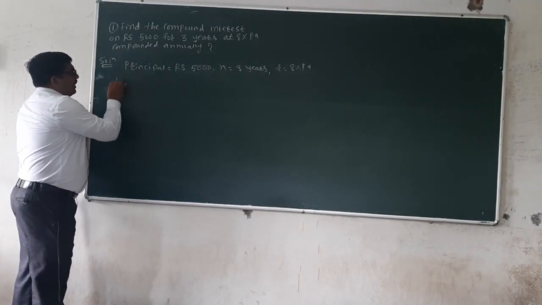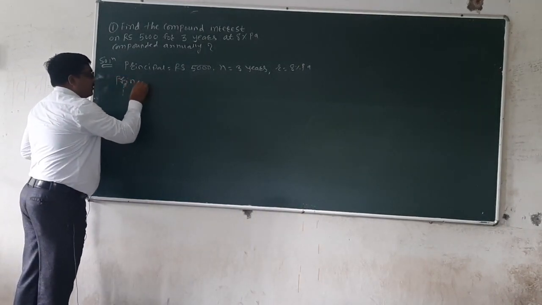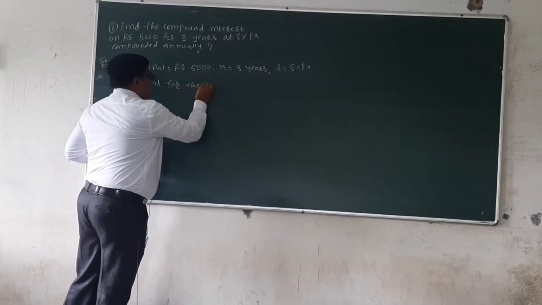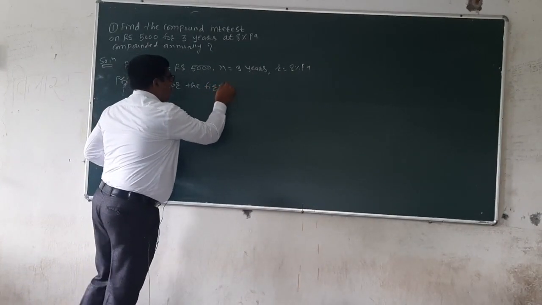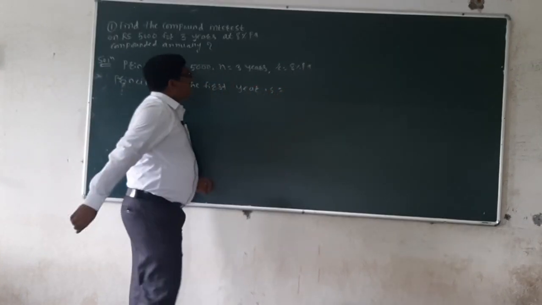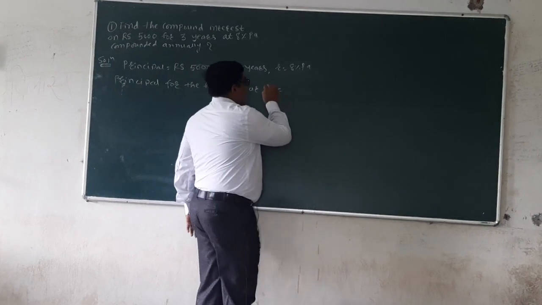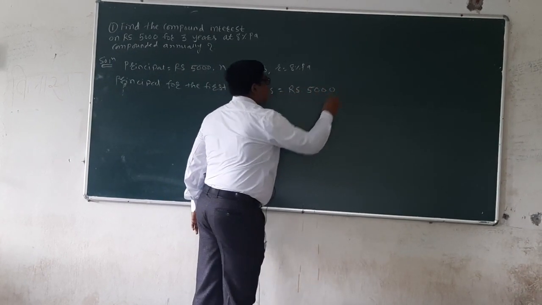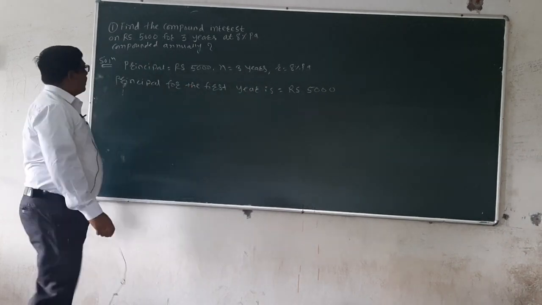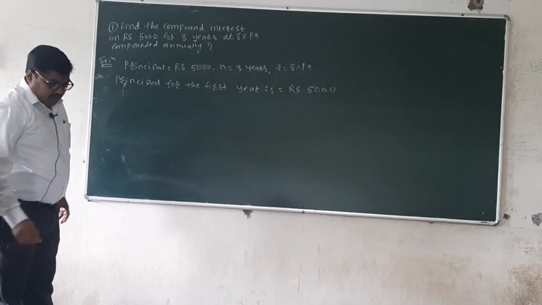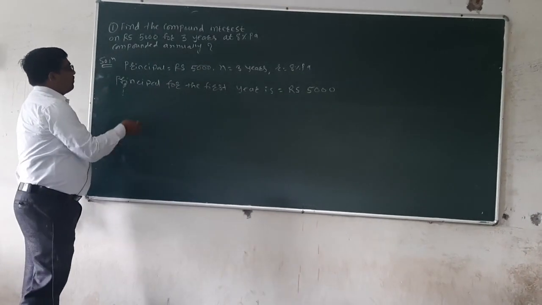Now, principal for the first year is 5,000 rupees. We have the number of years as 3.